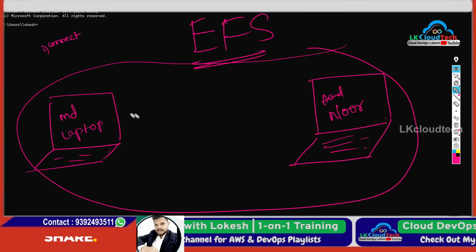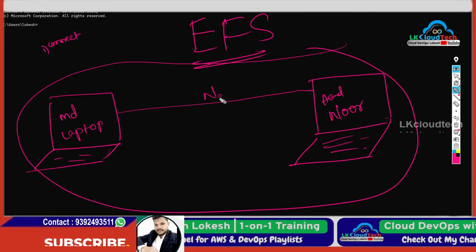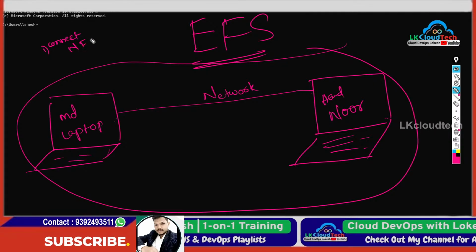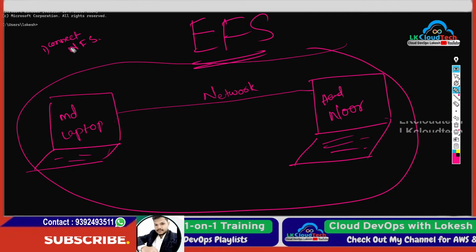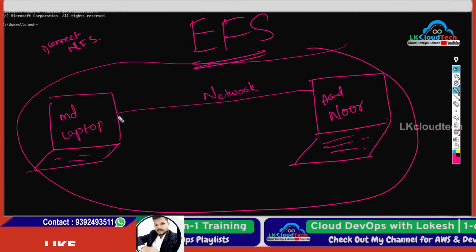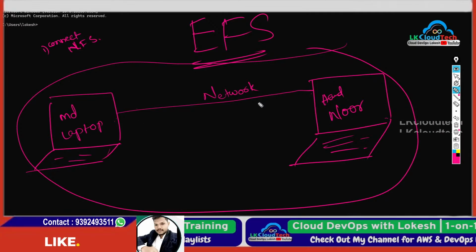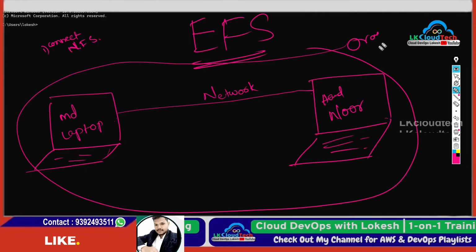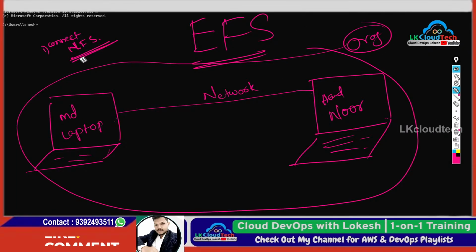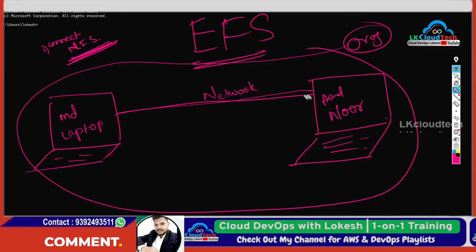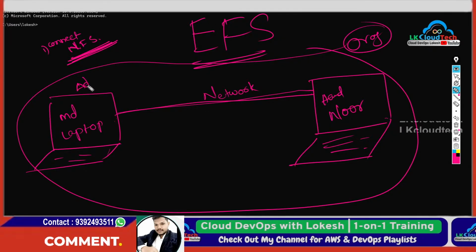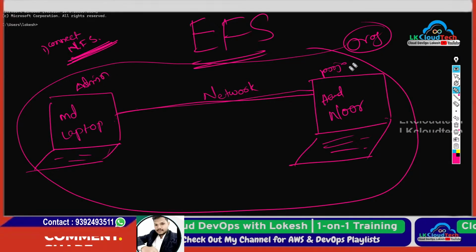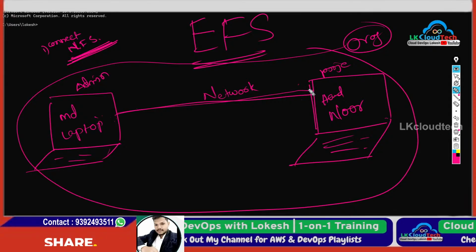If I want to connect them, we will use a network. That is called a network file system, NFS in general. If you want to connect two different devices in the same organization, you have to use a network file system. By using the network, you can connect two devices. For example, this is the admin laptop and this is another normal project laptop, so the admin is able to control this laptop.